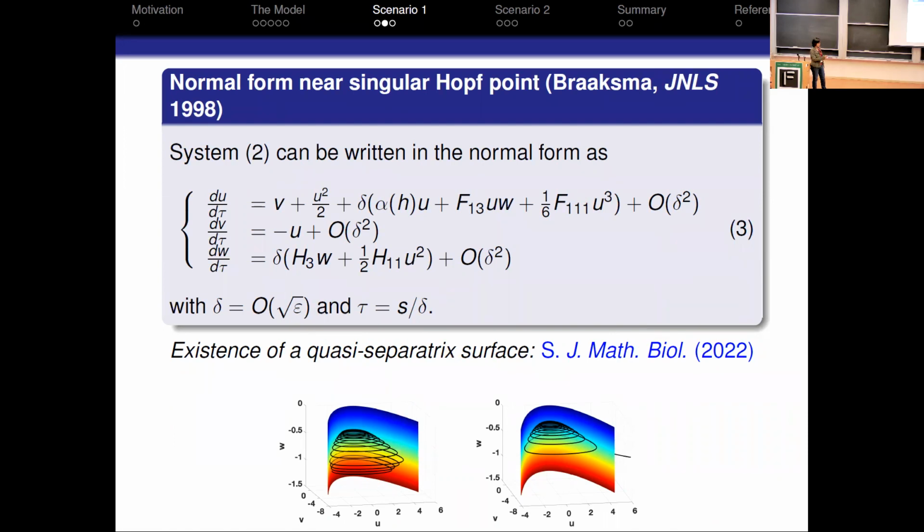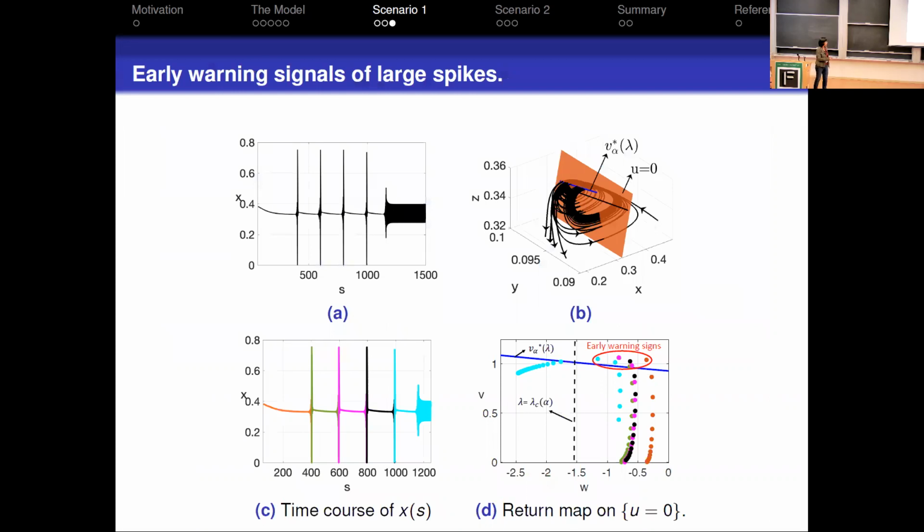To put this into context, here is a time series of X. We have mixed mode transient dynamics, and then we have the asymptotic state over here. We look at the phase space near the fold curve, and we take a suitable cross section, U equals 0, over here.